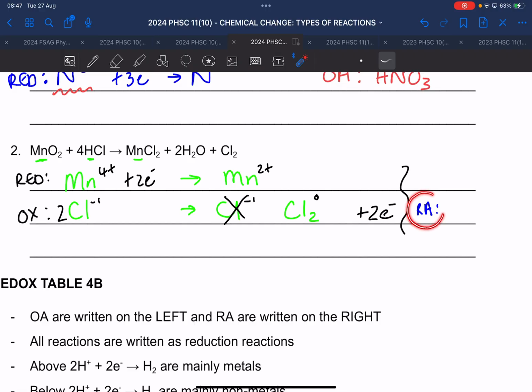The reducing agent you'll find at the oxidation half reaction. And it's not the thing that you end with, it's always the thing that you start with. But where did we find this chlorine? There we found the chlorine. So the reducing agent is hydrochloric acid. The oxidizing agent, what is that? Manganese dioxide, because it's the thing that you start with. It's that thing.